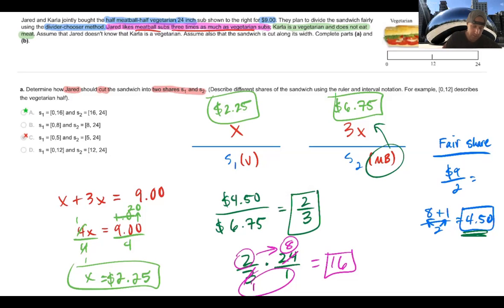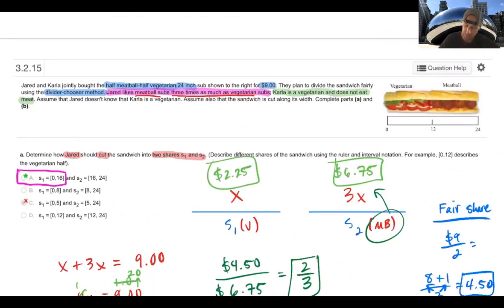So that's why this is the correct answer at 16 inches. That way, if he was to make that cut right around here, he would guarantee himself at least some meatballs here. And if not, he gets just a little bit of the meatballs there, but more of the sandwich, which then he, according to him, can live with.